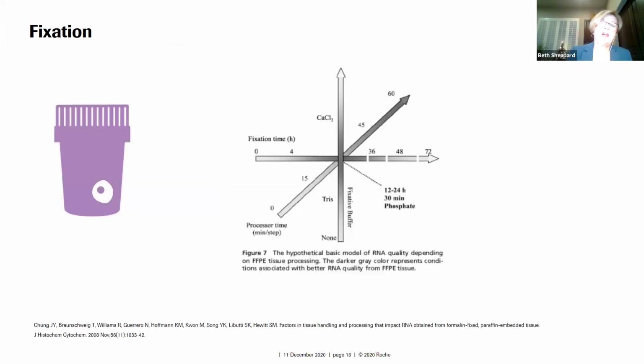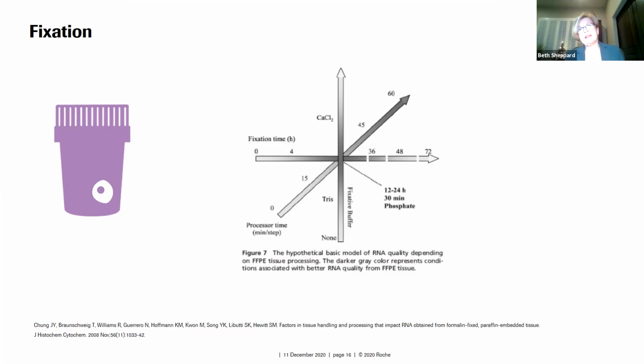This study by Chung really points out the importance of fixation and using a phosphate buffered fixative such as formalin, and also the fixation time. Here we see the dark areas are the optimal areas for RNA quality.